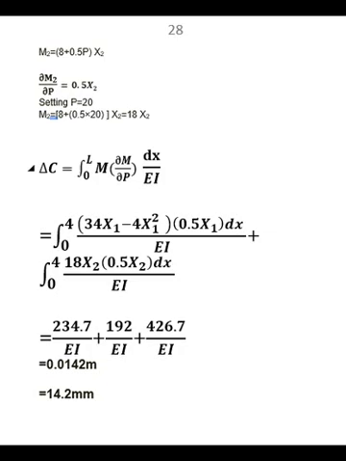The limits for x1 are from 0 to 4 and the limits for x2 are from 0 to 4. After we integrate both segments, we will find the deflection at point C equal to 14.2 millimeter.